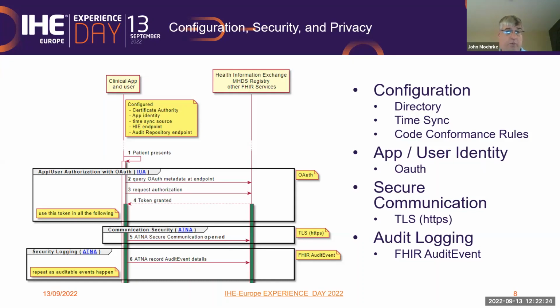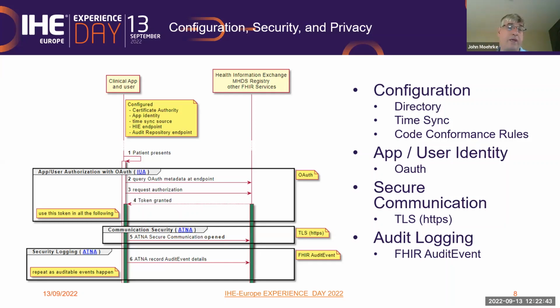Next up, we create a secure communications channel, which we're going to reuse as well. In this case, it's TLS, HTTPS, pretty off the shelf from a web services perspective.